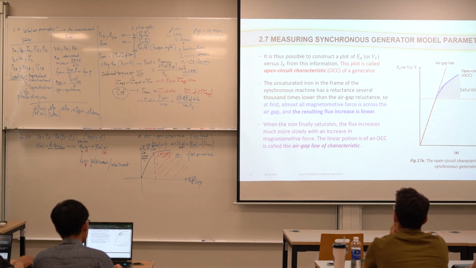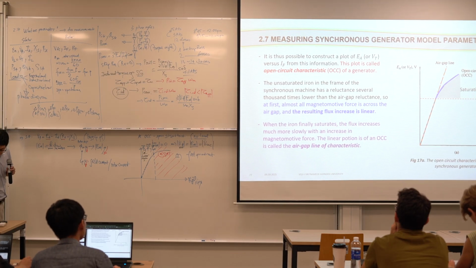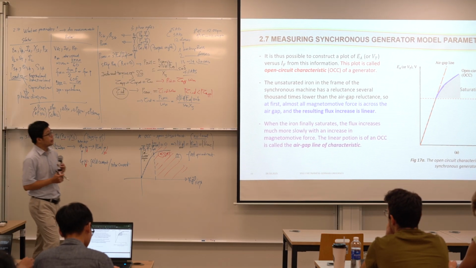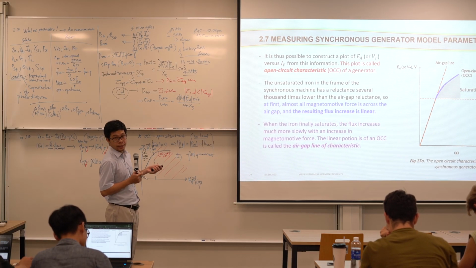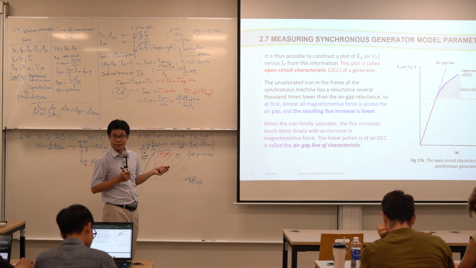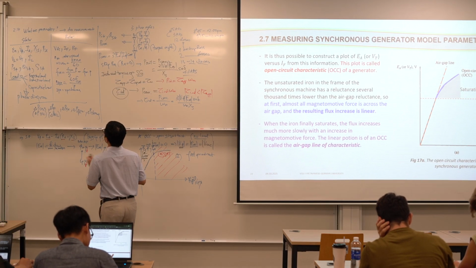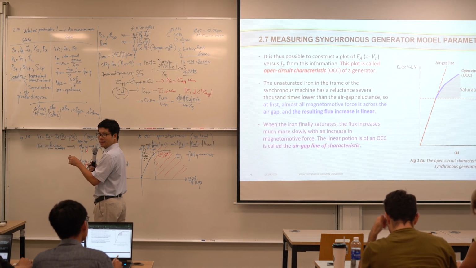Any questions? If we look here, sometimes they use EA, sometimes they use VT. EA means phase voltage, internal phase voltage, and VT means line voltage. Remember that.